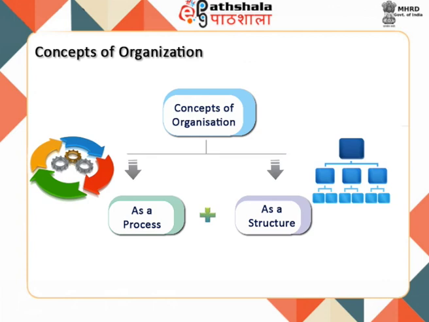It includes a division of the whole of the work of the organization into various departments and jobs, and then grouping of similar activities and assigning work to individuals on the basis of qualifications. Organization as a structure. It means building of working relationships in order to accomplish the objectives of the enterprise. It involves defining positions of the individual employee according to the job they are holding in the organization.